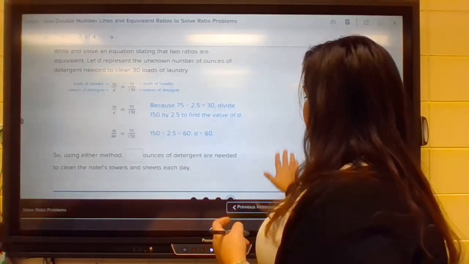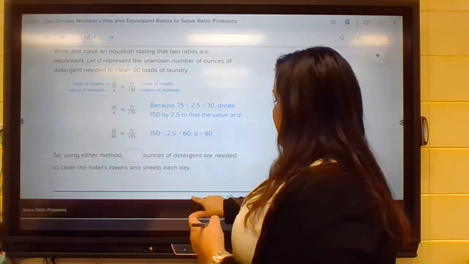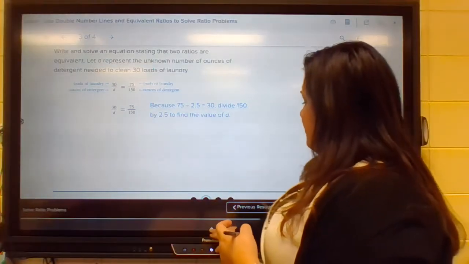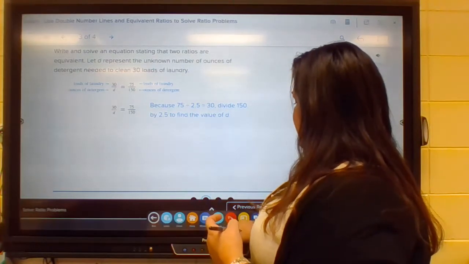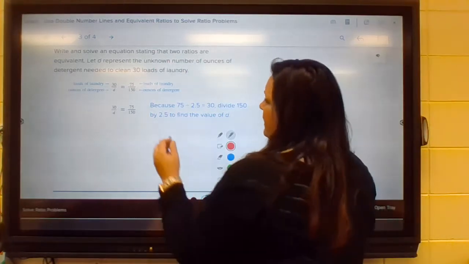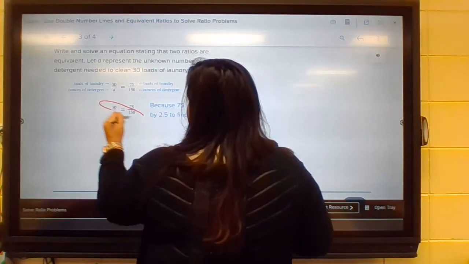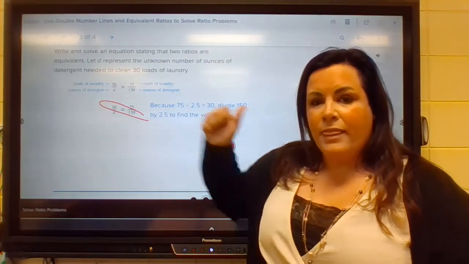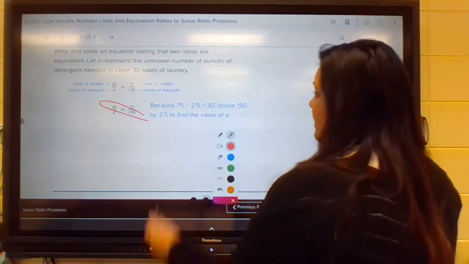So, if you were in class yesterday and you were working on your warm-ups, I gave you a way to find missing values in fractions. And I said, you can take what's on the diagonal and multiply them together and then divide by the other value.